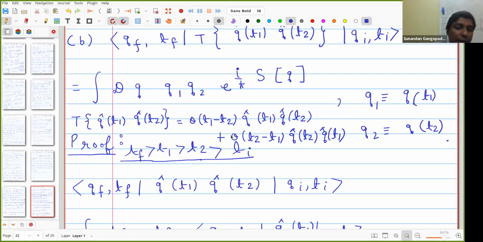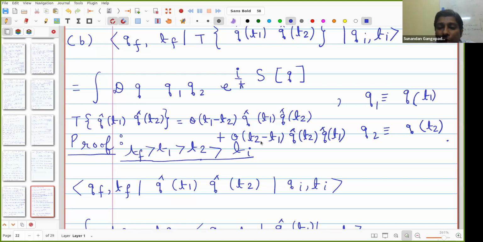It basically means that when t1 is greater than t2, this theta function fires, it is equal to 1. And this other theta function is 0, right? Because the argument of this theta function is negative, so this is gone. And since t1 is greater than t2, t1 is the later time. The important thing is that the operator which is at the later time should be put on the left-hand side of the operator which is at the earlier time.